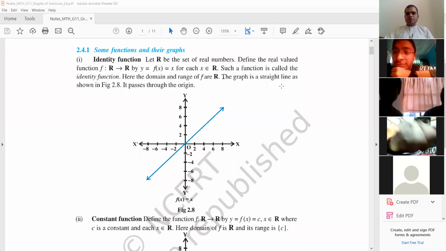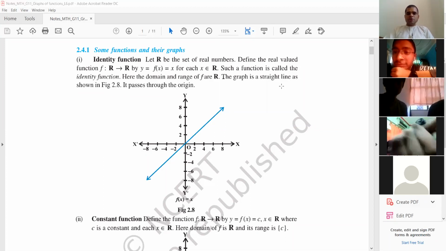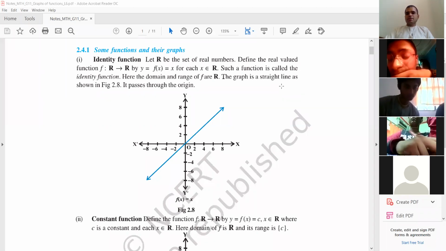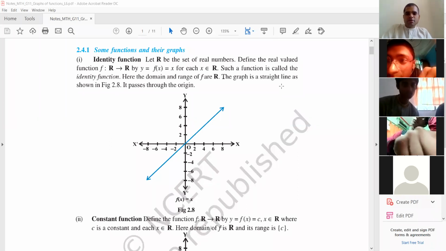This is the foundation of future topics, and by this you can graphically visualize the function in your mind. So things will be very clear, and you'll have the picture of the question in your mind.